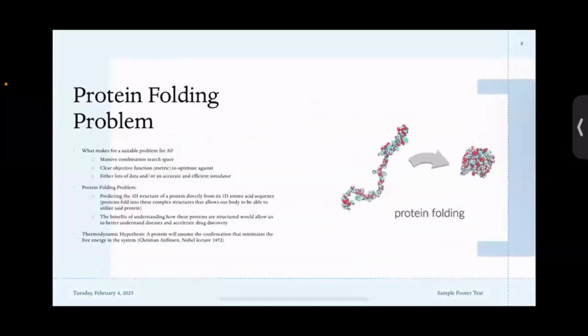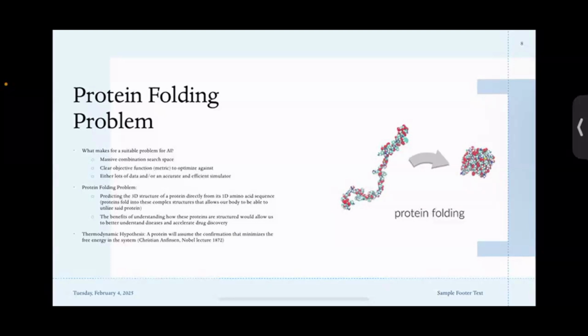Now, with that in mind, Demis decided to take what he and his team learned and apply it to more important spheres.